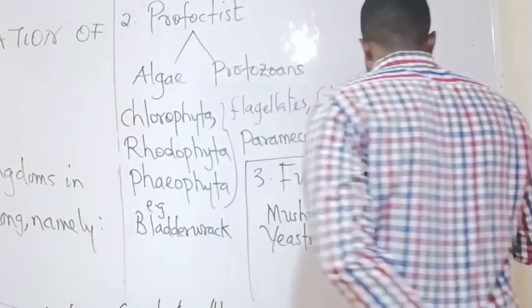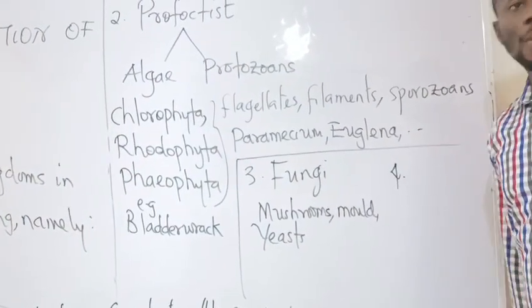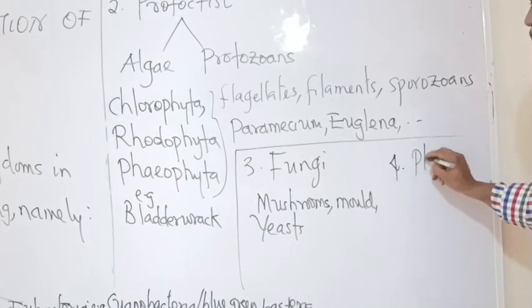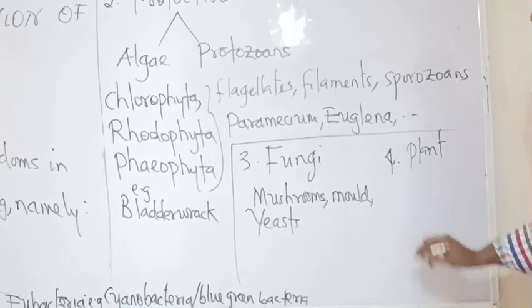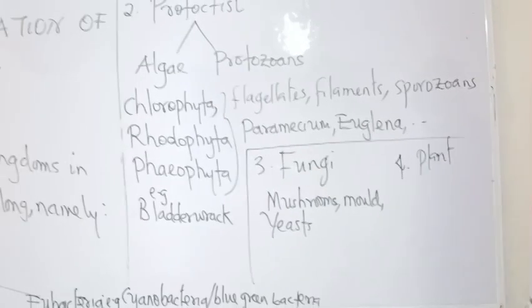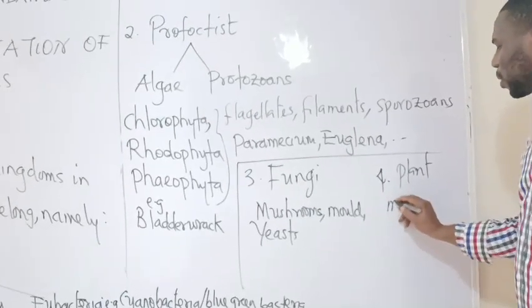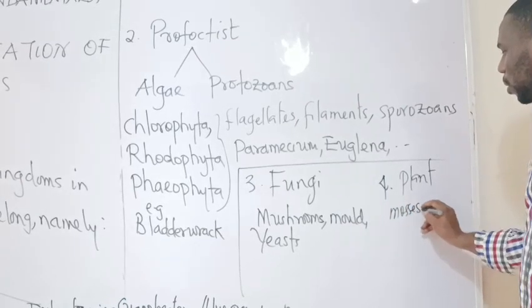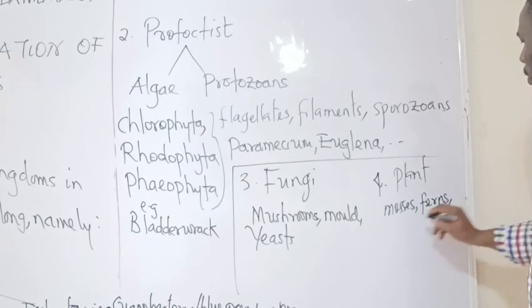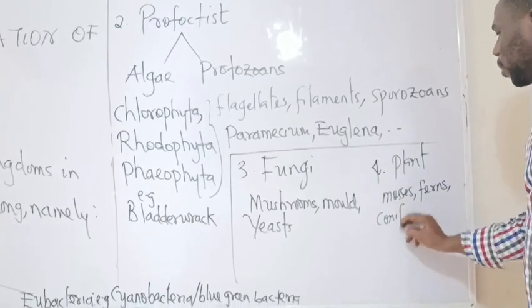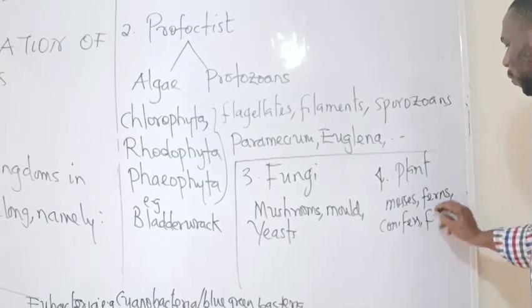The fourth kingdom, we have the plant kingdom. Examples of plant organisms that you find in this kingdom: we have the mosses, the ferns, the conifers, and of course the flowering plants.